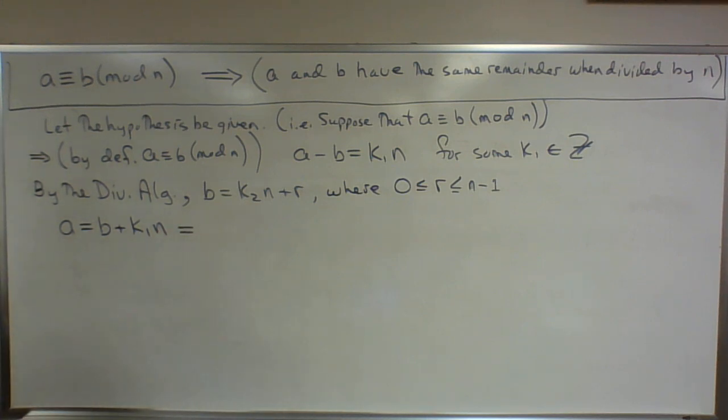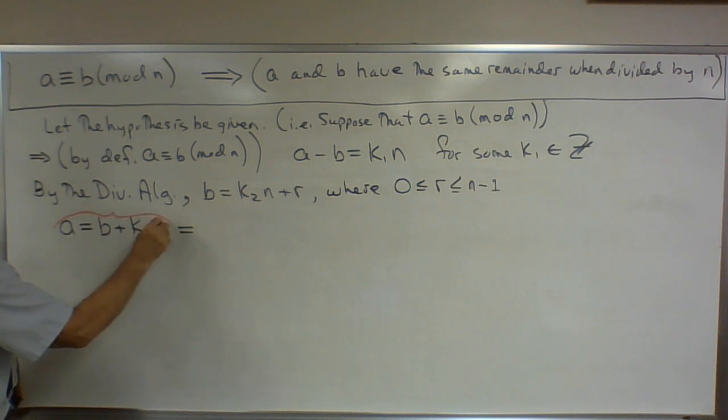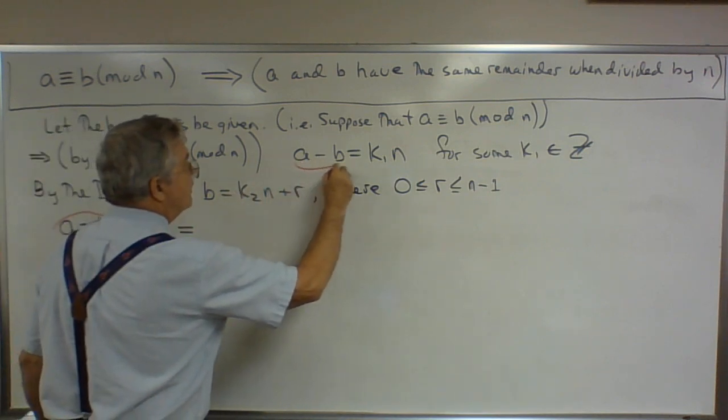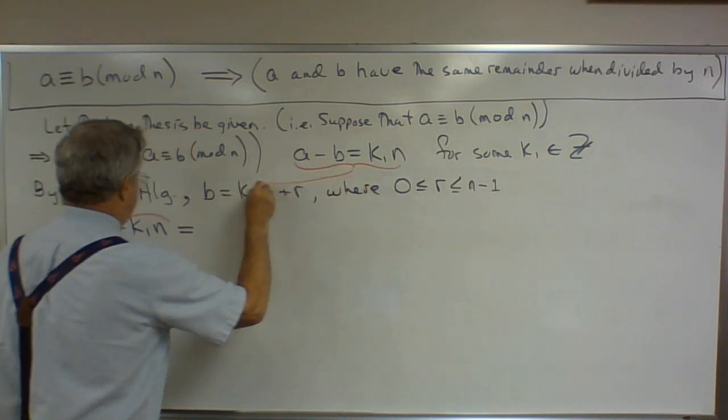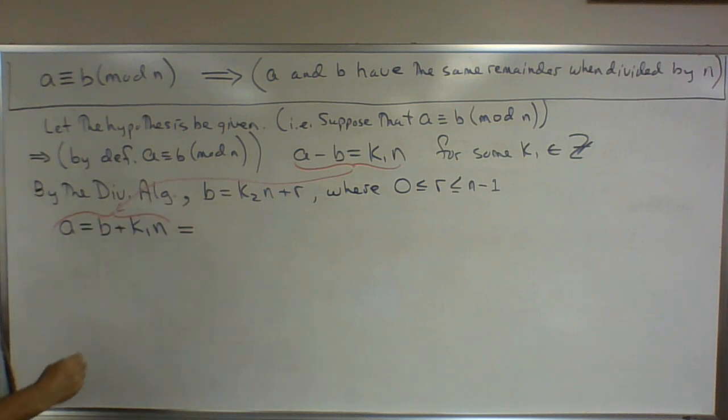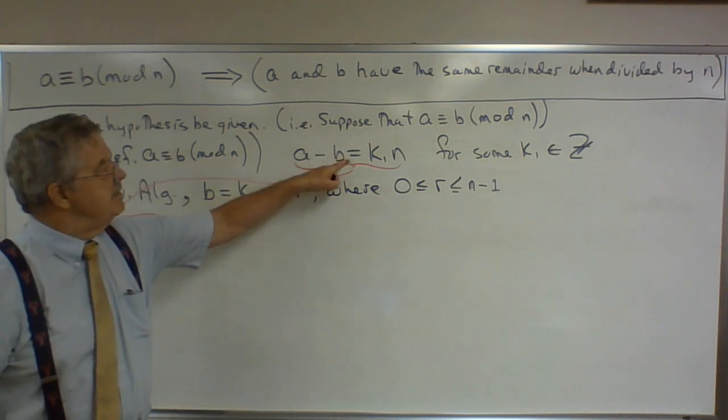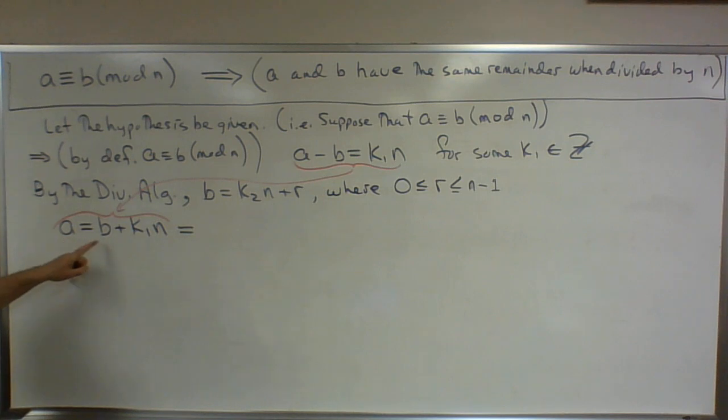And where did I get this? I got it from here. I just moved B to the other side. So A equals B plus K1N. And what is B?